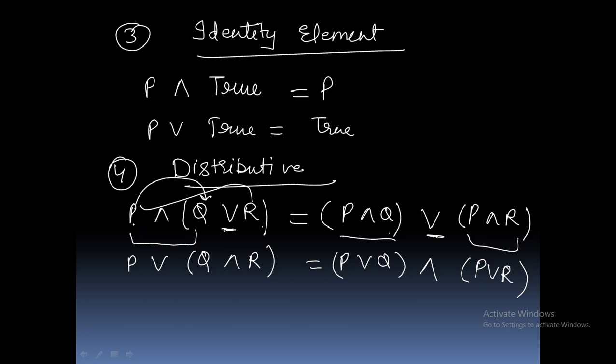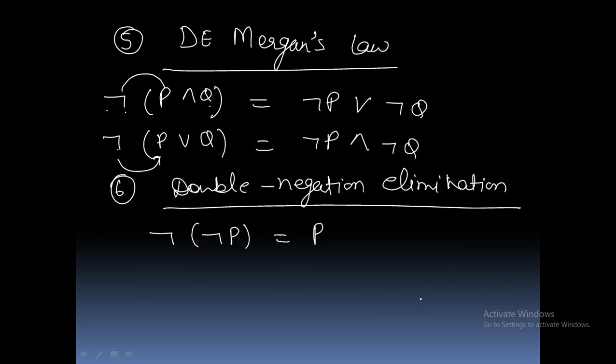And in the second bracket, P multiplied by R, that means P and R. In case of OR, P or (Q and R), we multiply P with Q and write it in the first bracket as P or Q. When we multiply P with R, we write P or R in the second bracket. And the outer symbol will be written in between both brackets. This is the distributive law.